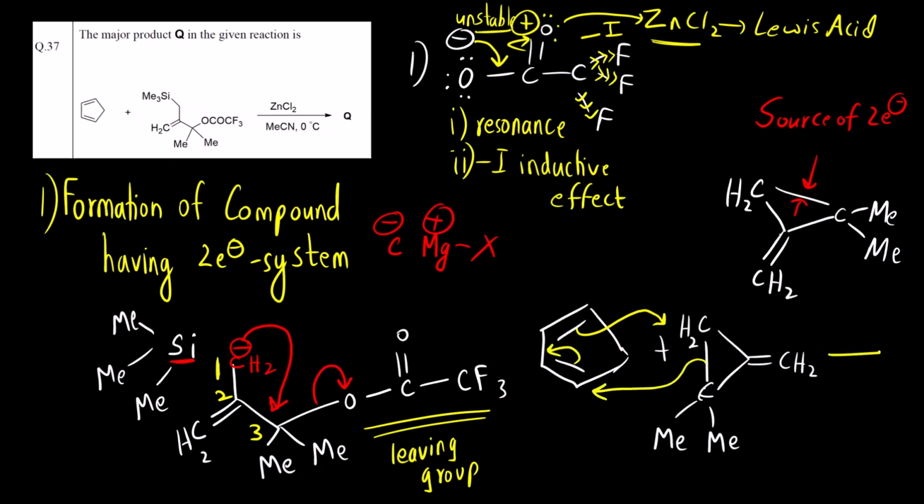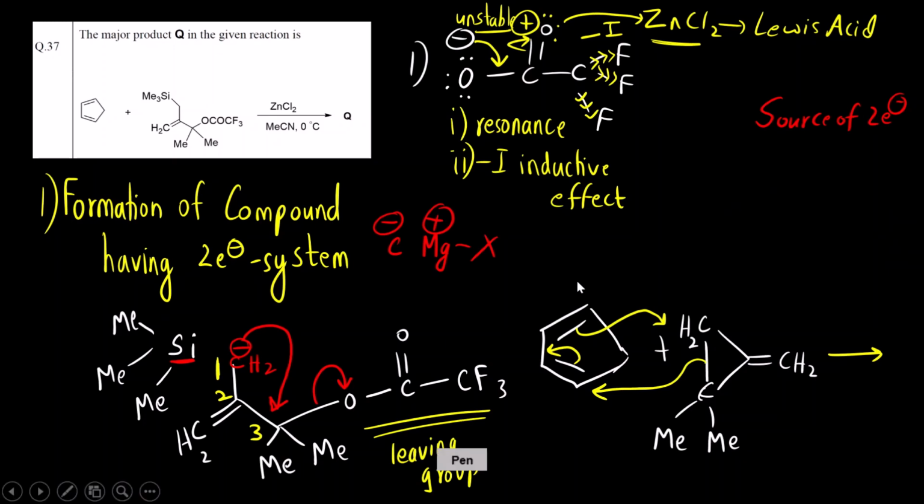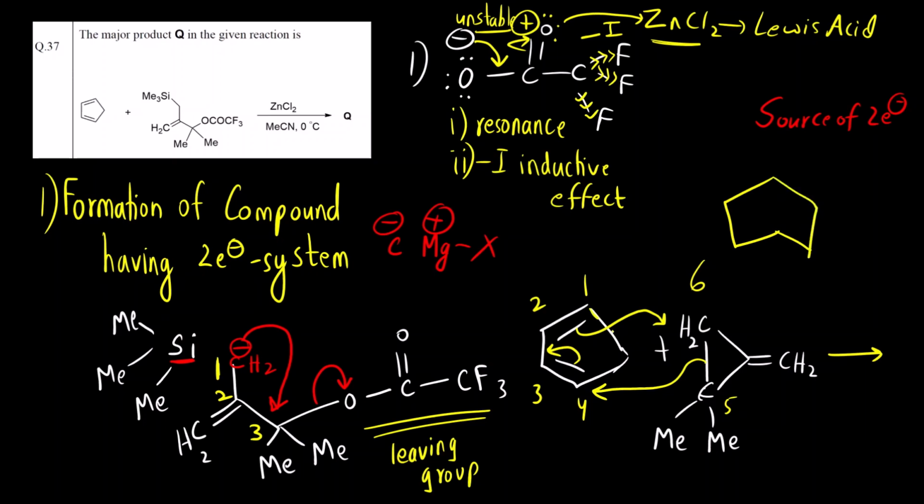So we will get a ring. How do I get it? 1, 2, 3, 4, 5 and 6. You can see this bridge that I'm drawing in yellow. This is a bridge, and here there will be formation of the pi bond between 2 and 3.